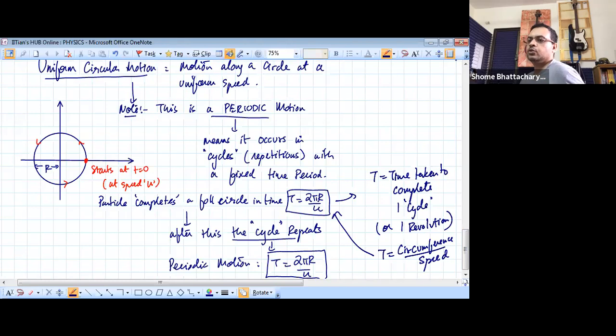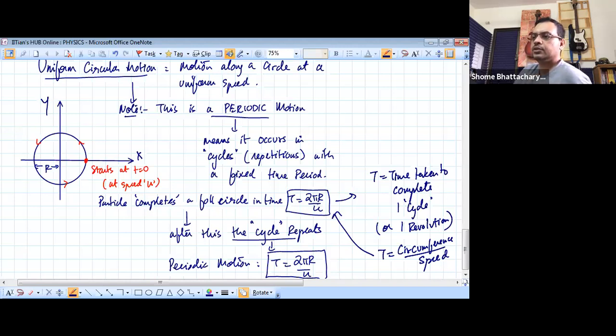Okay. Just make a note of this also. So this is the next important thing, that whenever we are talking about a uniform circular motion, we are talking about a motion which is periodic, or it keeps repeating itself in cycles in regular intervals of time. Okay. So that period in which it repeats itself is called the time period.